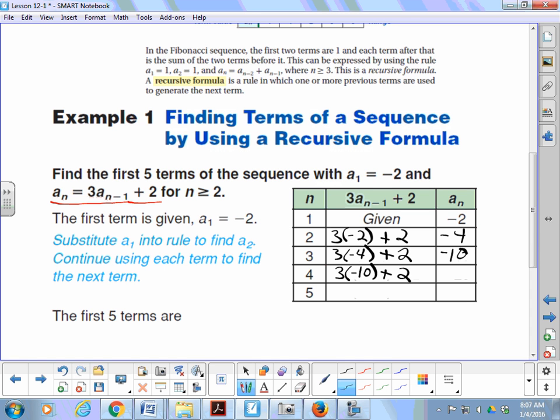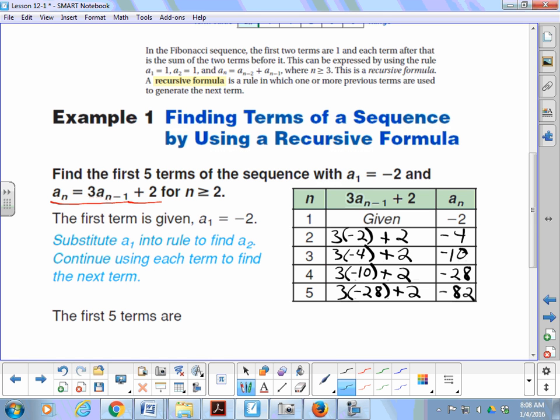So negative 30 plus 2 is negative 28. And then we use that one to get the next one. That would be negative 82. So using the recursive formulas, whenever you see a sub n minus 1 in a formula, that tells us that we are going to be using the last answer to get the next answer.